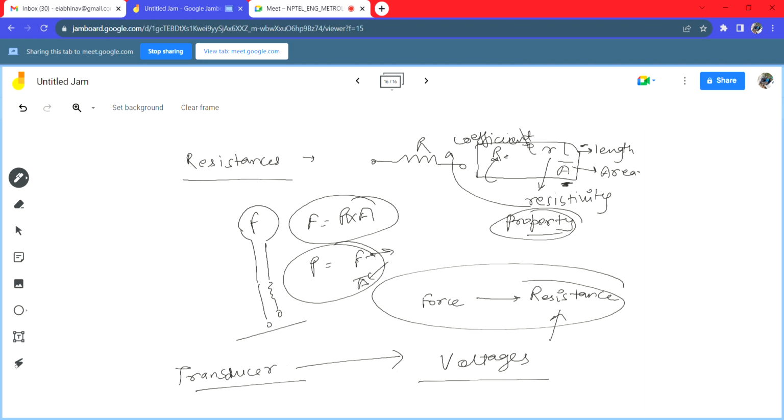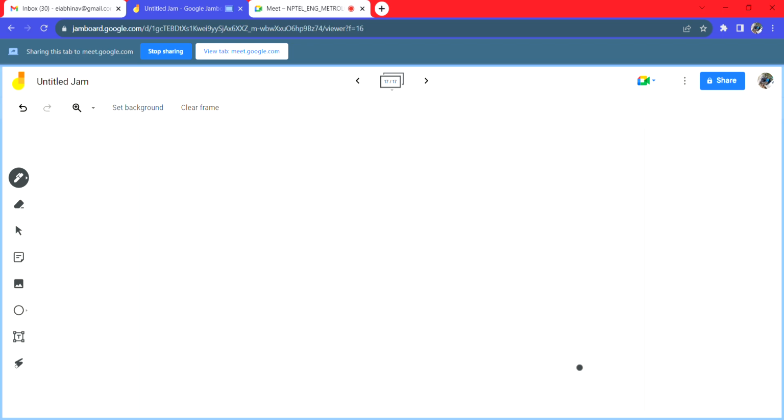We can change different other parameters of a body by changing the input applied to that particular resistance based transducer, or whatever kind of transducer we are making. A very basic example of a transducer is a piezoelectric crystal.